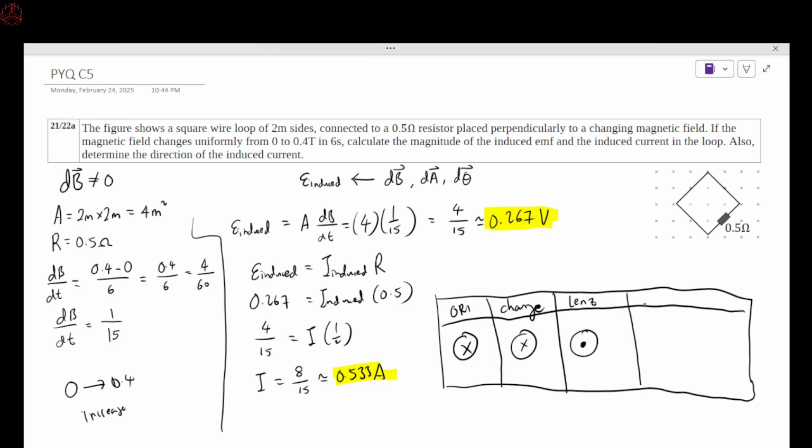That tells me if I were to apply the right hand rule, it is out of the page, this is going to be counterclockwise. So this 0.533 amps is going to be counterclockwise. Okay, so those are the three pieces of information that I have figured out from this problem.